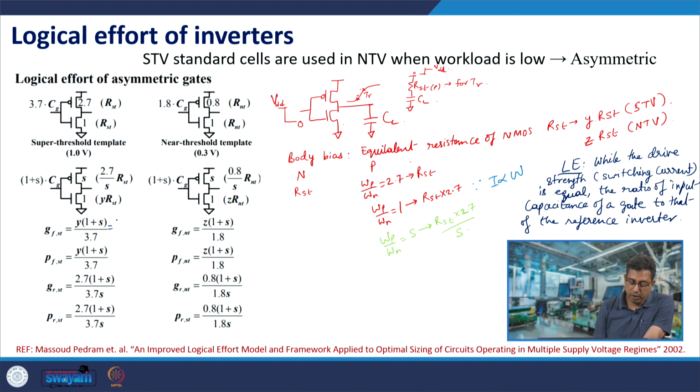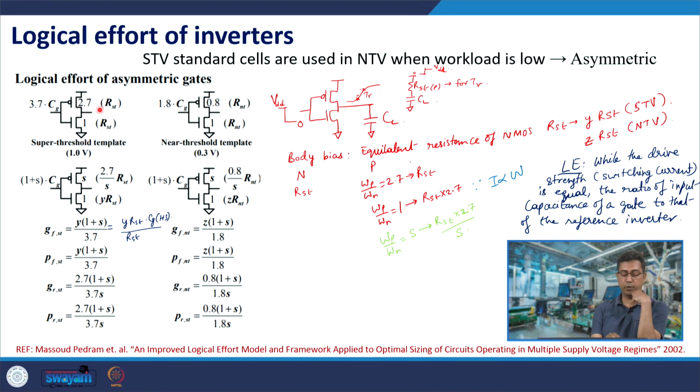So, this is equal to the RC time constant for output fall, okay. So, how much would that be? Y RST into the capacitance. Capacitance is Cg into 1 plus S, because now you are assuming the gate capacitance of the P MOSFET and N MOSFET per unit width to be equal, divided by RST for the standard template inverter, into the capacitance.